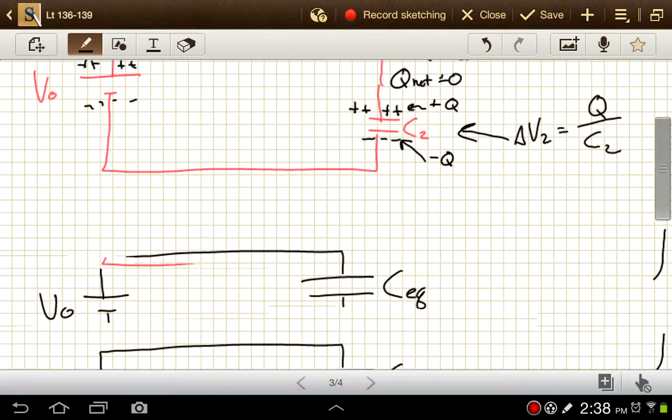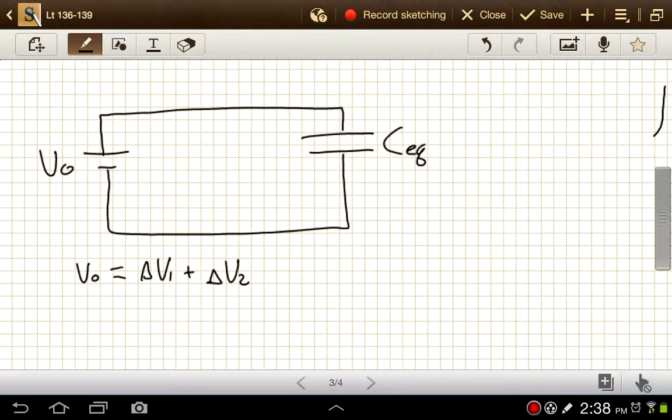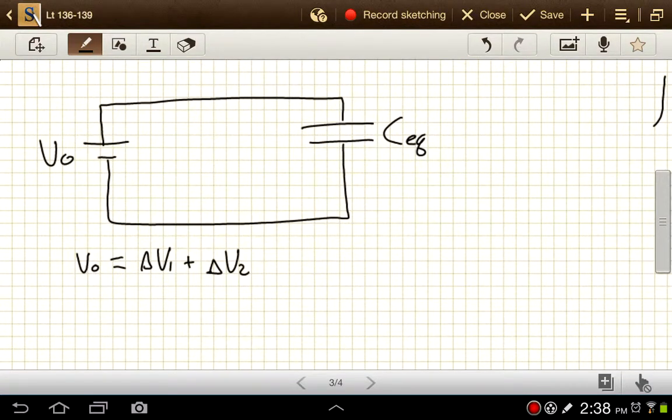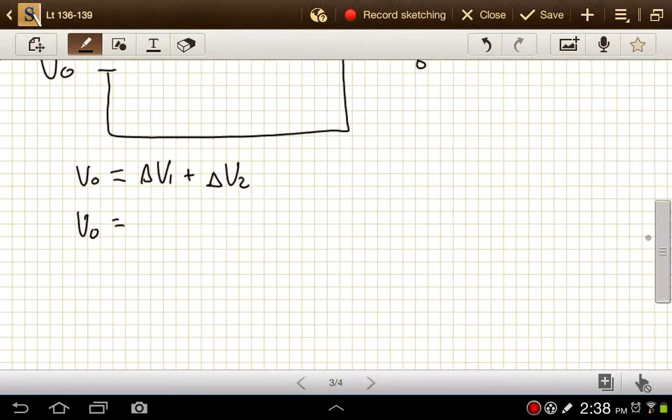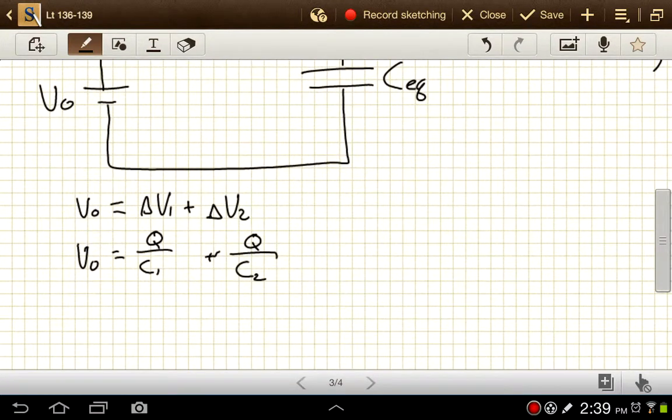And then we had equations for each of those, so we can substitute those equations in. So V0 is equal to Q over C1 plus Q over C2. And the V0 has to be equivalent to the same charge over the equivalent capacitance.